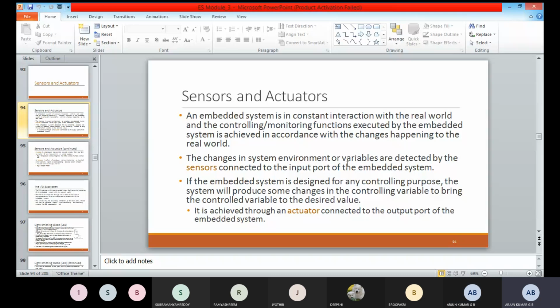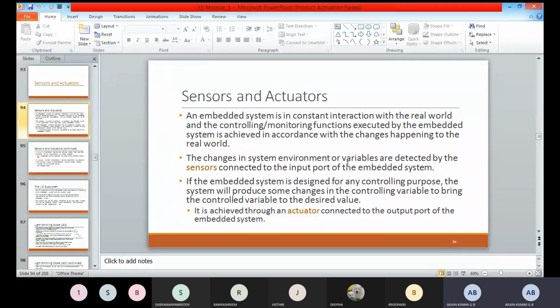Based on the application, there is a control algorithm or control program flashed into the particular microcontroller. Based on the input signals, it will take the action and send it to the output actuators to control the variable for the particular time duration.